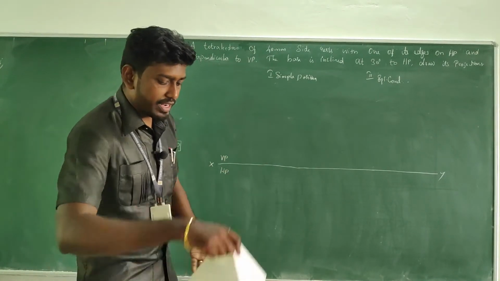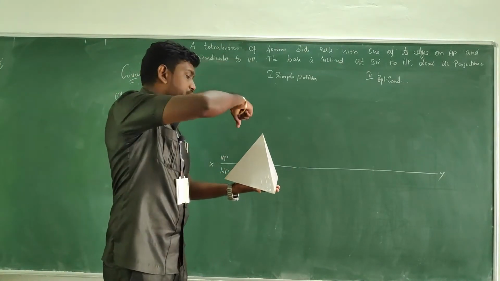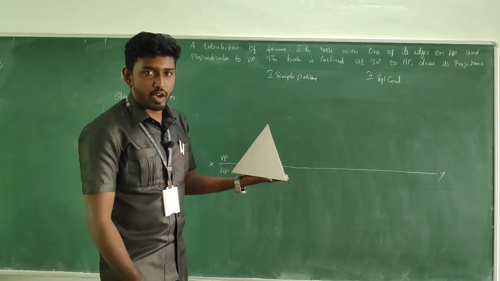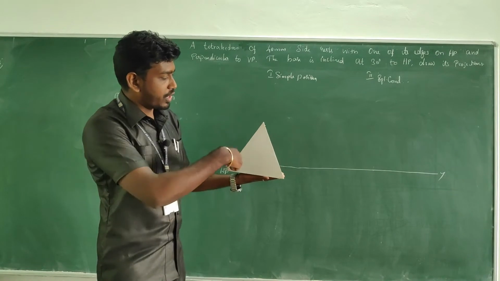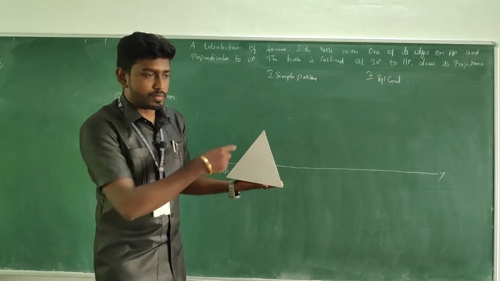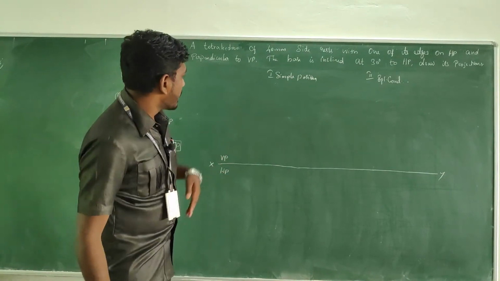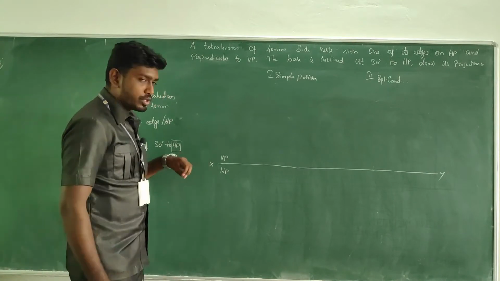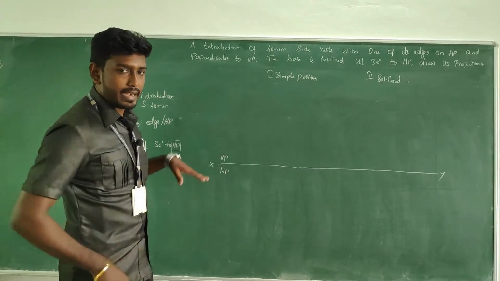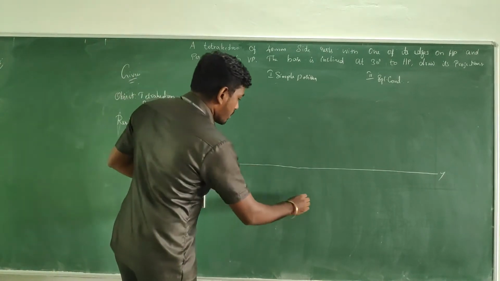When it is like this, in the top view we are able to see the true shape of the object, and in the front view we are able to see the height of the object. So in the top view we get the true shape, which is nothing but the triangle shape.